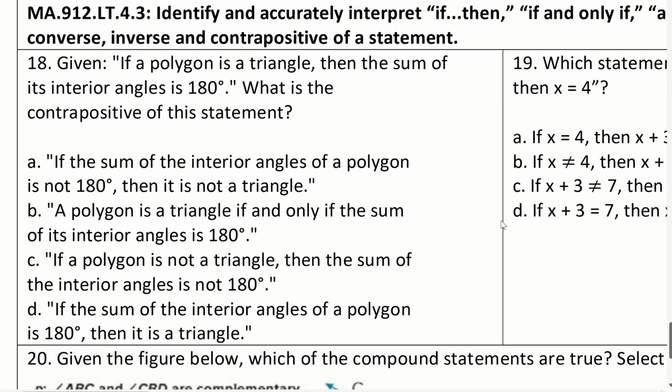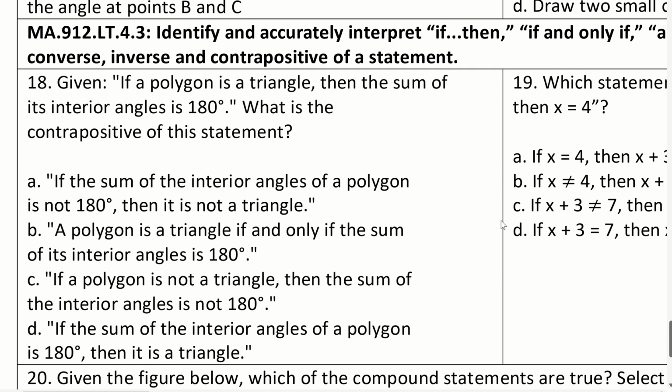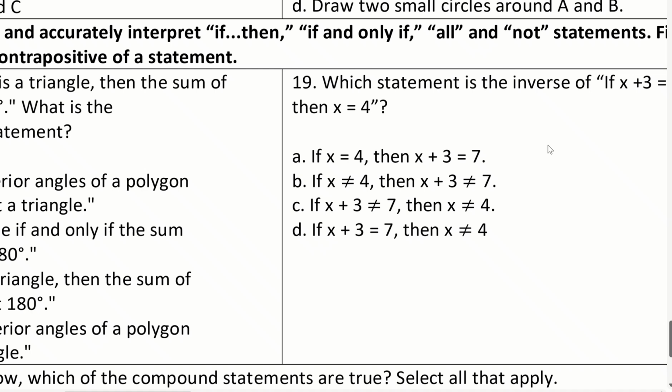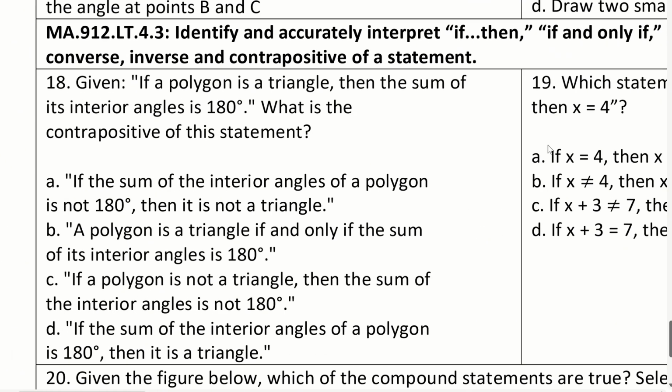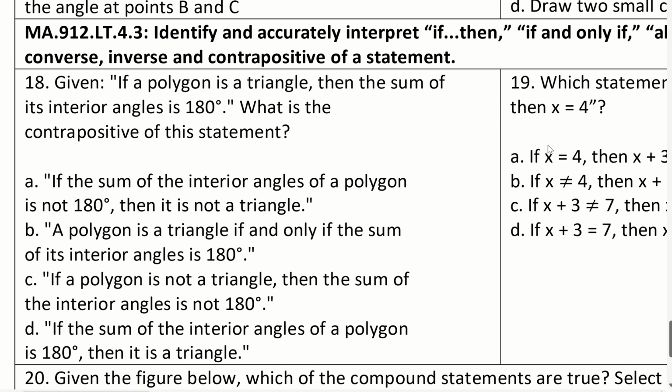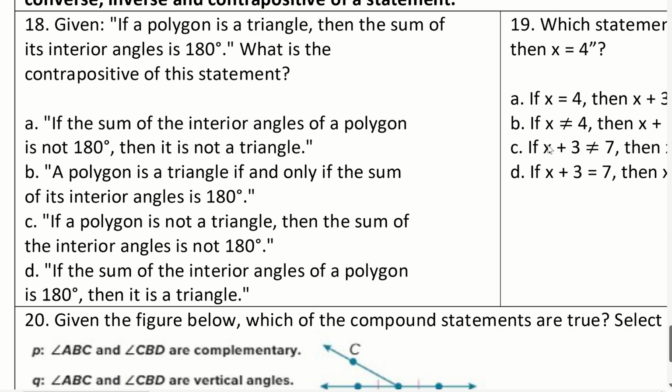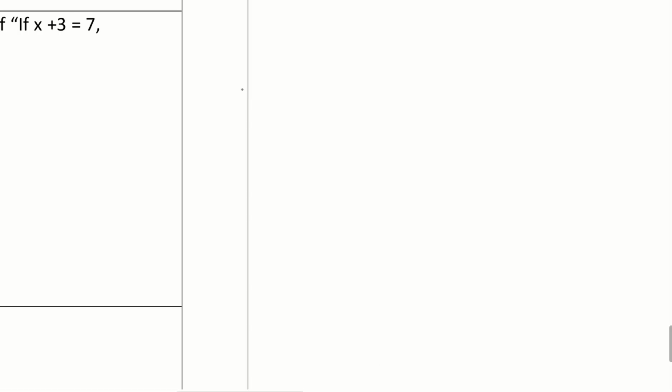All right, so now we're wrapping this up here. It says identify and accurately interpret if then, if and only if, all and not statements. Converse, inverse, and contrapositive. All right, so it says number 18. If a polygon is a triangle, then the sum of its interior angles is 180. What is the contrapositive of the statement? Okay, remember, this is the conditional, is if then.